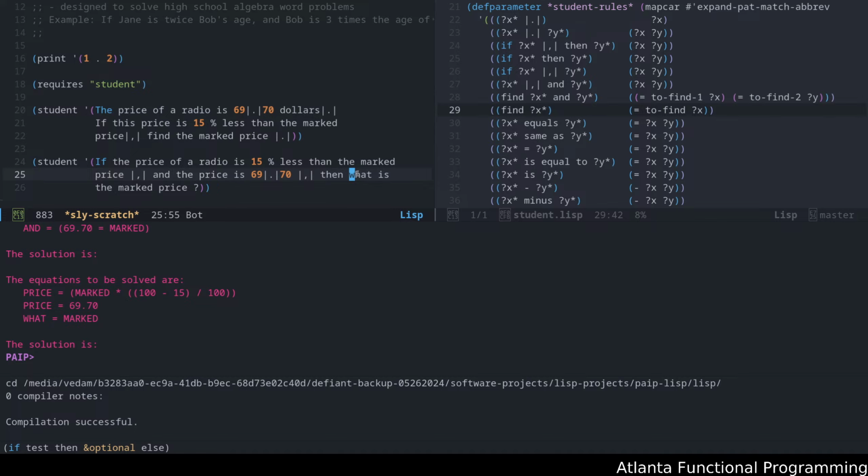Let me see if I could do this. It converted the find to marked, but didn't actually say that we're going to solve marked, because toFind is its own rule.